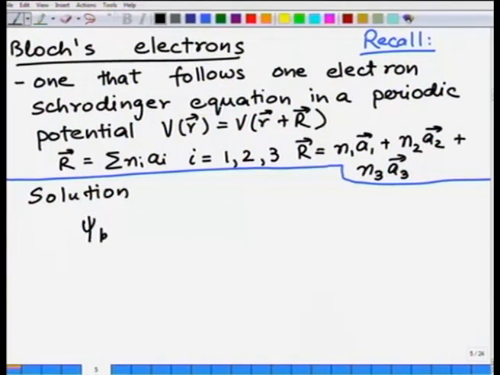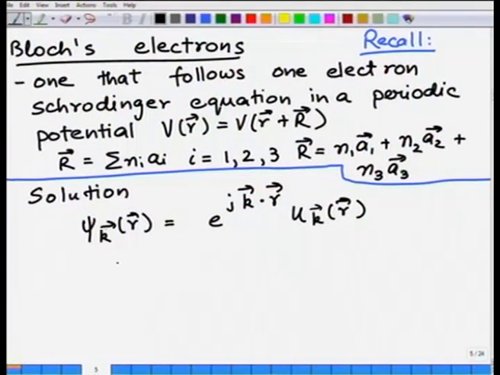The solution of this equation is of the form e to the power j k dot r, which we already knew in the free electron case, but also an additional term u_k(r). And what is this u_k? All we know about this u_k is that it is also periodic.